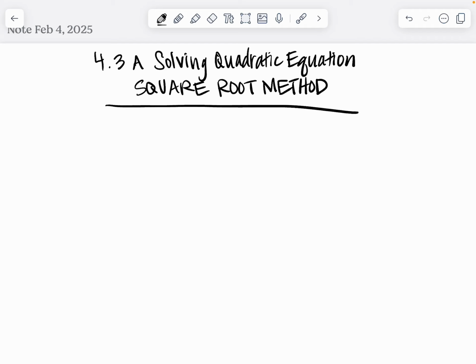Okay, so going back to when we learned our vocabulary for polynomials, a quadratic is a polynomial with the highest exponent or highest degree of 2.